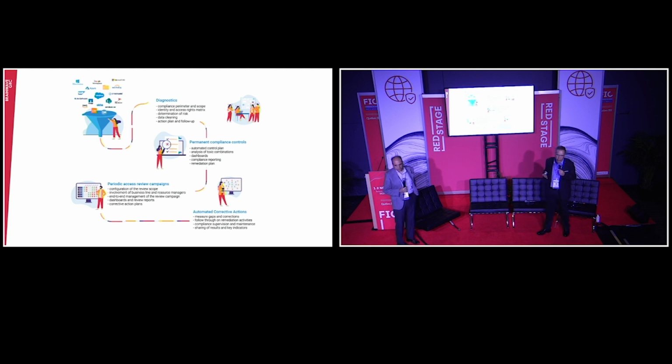When you're entering into this journey, in order to work along with those business people, the idea is to consolidate and correlate everything in order to have an accurate view of what's going on in the company: who is working for the company and who can access what. Most of the time it starts with a diagnostic, because you somehow turn on the light for the very first time and realize what's going on in the company, all those identities, accounts and everything.